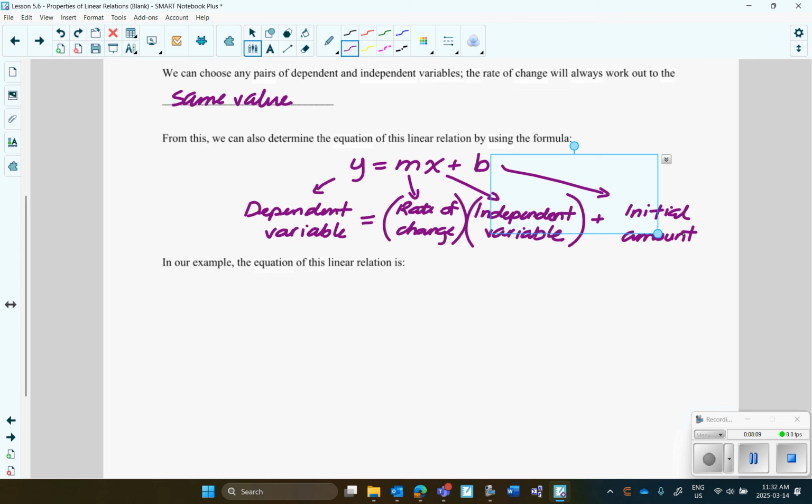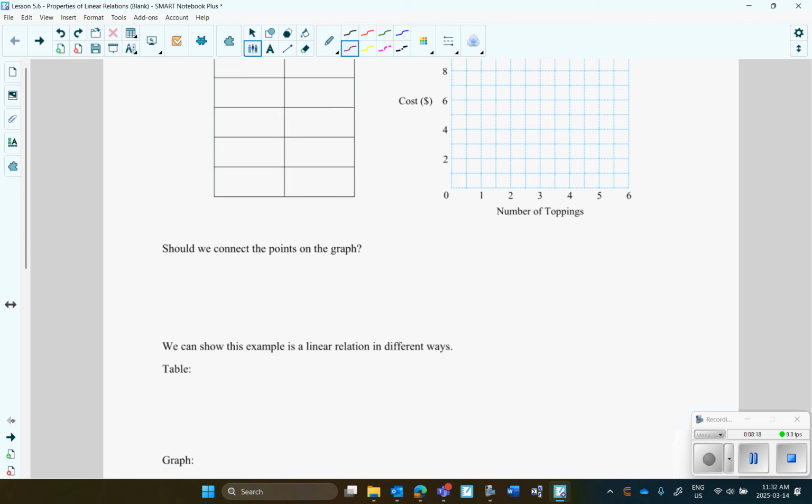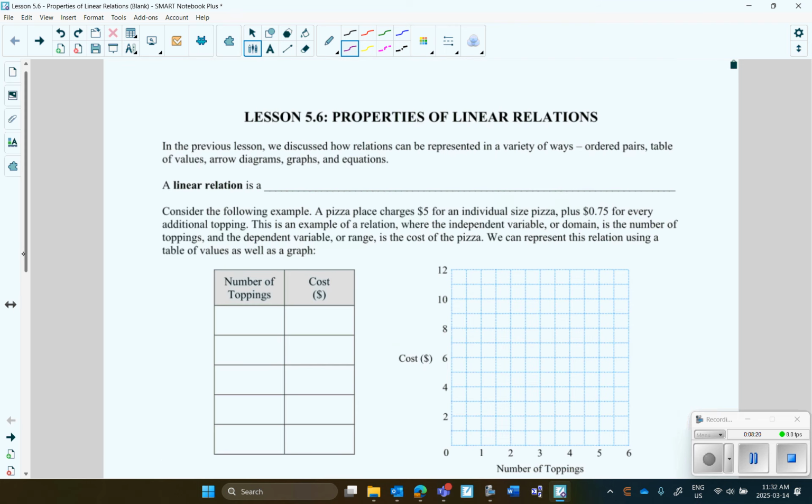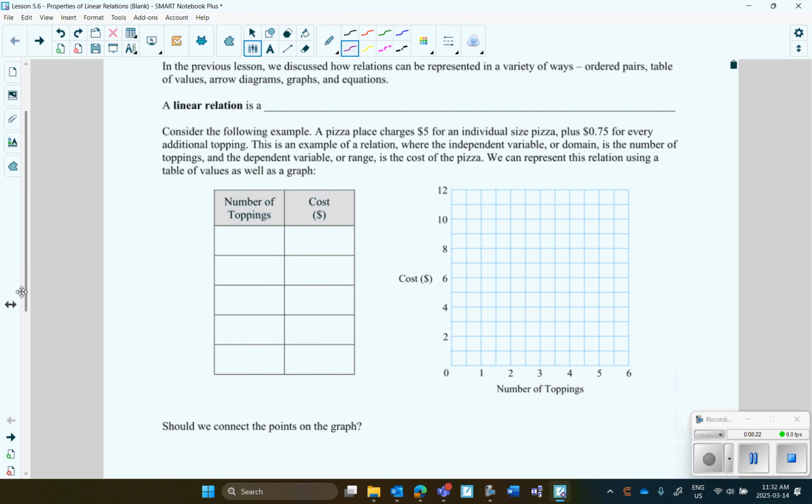Okay? So if we take this formula and apply it to the pizza toppings, we have to assign each variable a letter. What would you like to call the number of toppings? What letter? Sure, little n. And usually with cost or time, we use a capital letter.